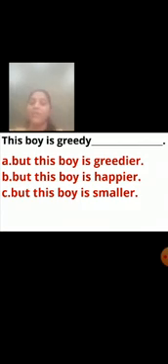So, when we are doing comparison between two boys and both the boys are greedy, or between two similar things or person or place, we change the adjective. So, which option is correct here?